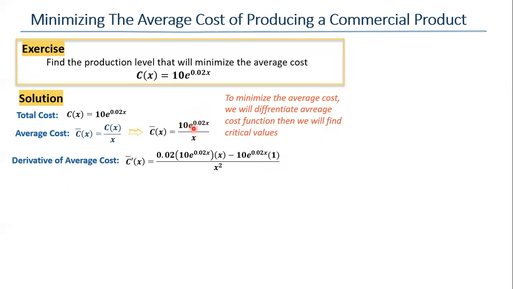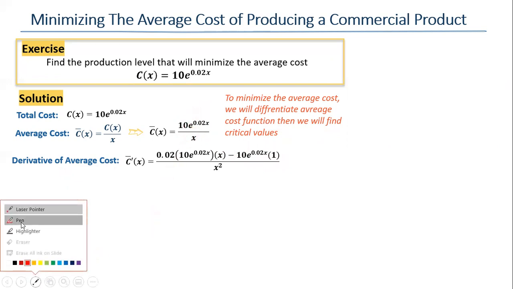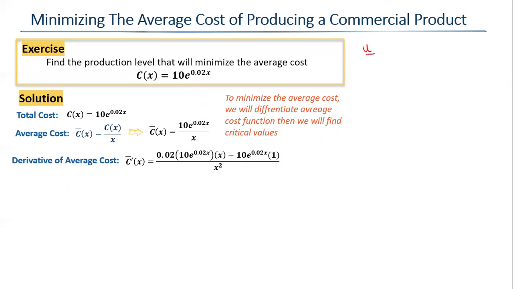You remember the quotient rule of derivative. The derivative of u over v equals v times u prime minus u times v prime over v squared.